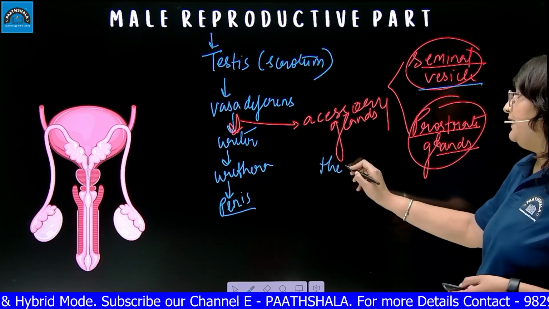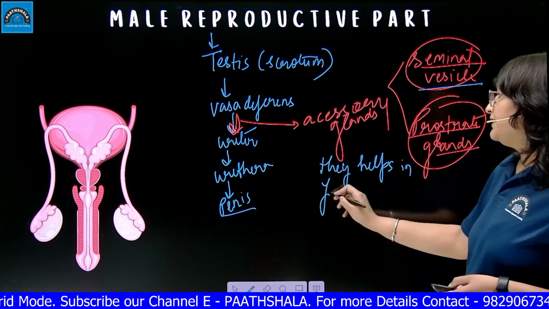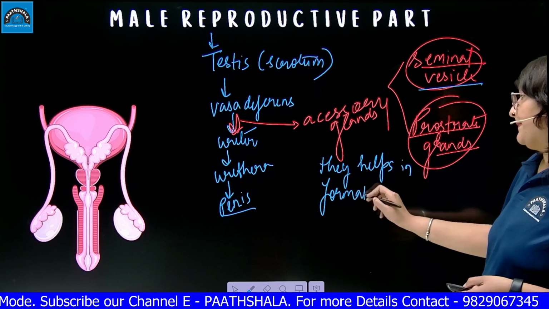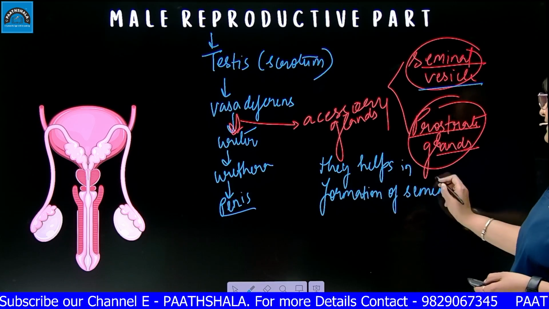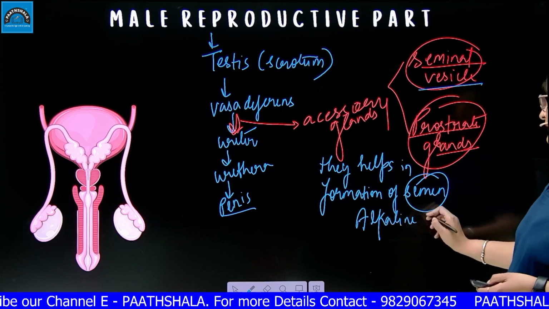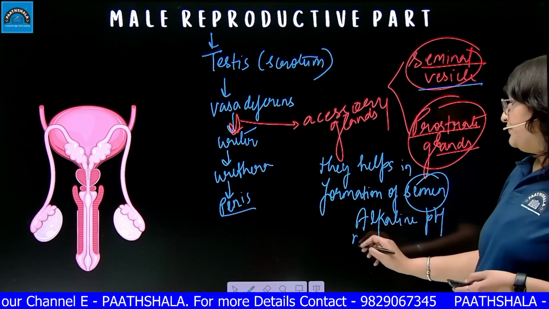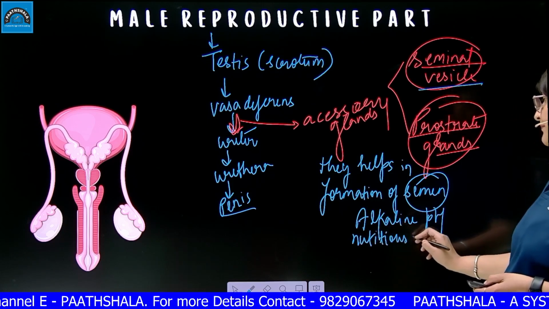They help in formation of semen. Right? This semen is having alkaline pH. This semen is having nutritious material for development of sperm.